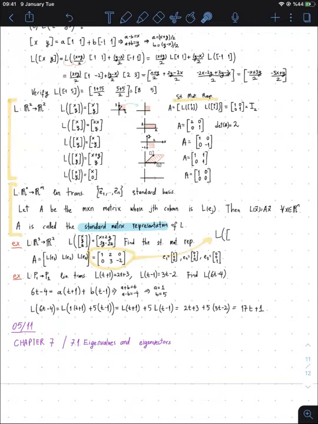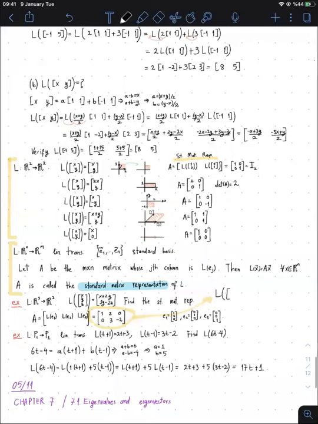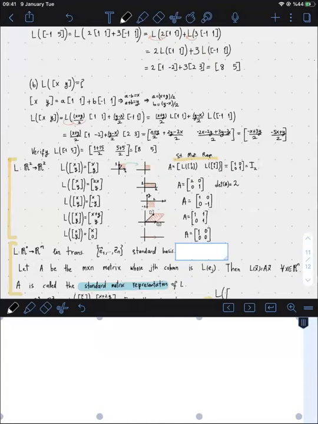The standard matrix representation of a linear transformation between two vector spaces like this is basically that you choose the standard basis. What is E1? E1 is the vector whose first component is 1 and the rest of the components are 0.